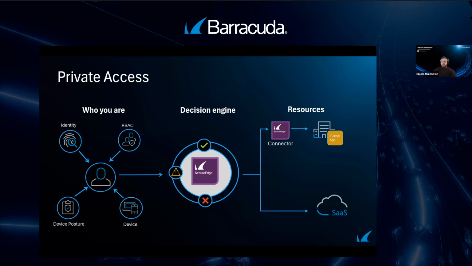Now, for applications that you're hosting yourself in your data center or wherever, you need to install a small piece of software called SecureEdge Connector. This small piece of software connects your machine or the server where you're hosting your resources and applications to the SecureEdge environment and makes the resources that you're hosting on this machine available in the SecureEdge environment, and then you can create your policies and stuff like that.